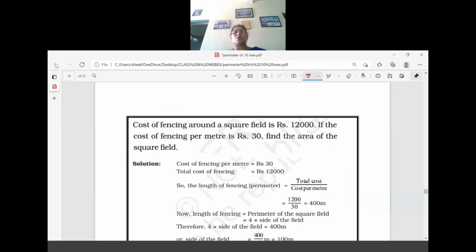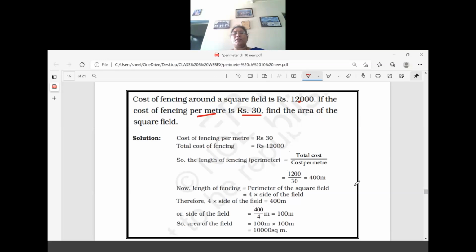Next, the cost of fencing around a square field is rupees 12,000, right? If the cost of fencing per meter is rupees 30, find the area of the square field. The cost of fencing of the square field is rupees 12,000. So the total cost is 12,000, and per meter it is 30. Next, we have to calculate the length of fencing.